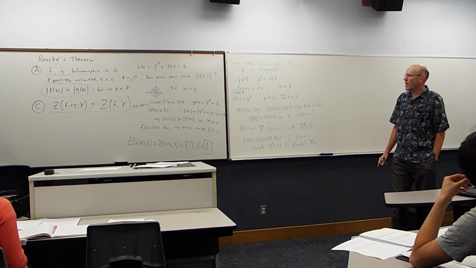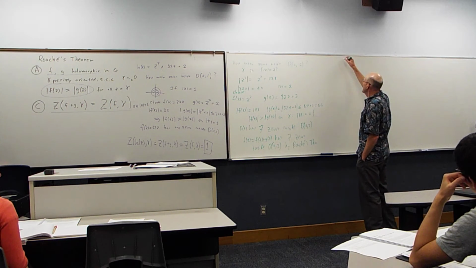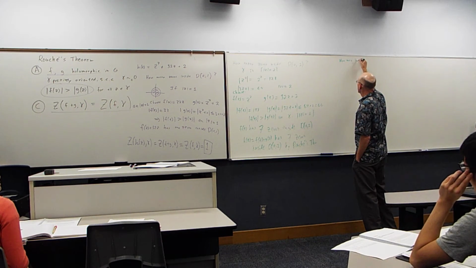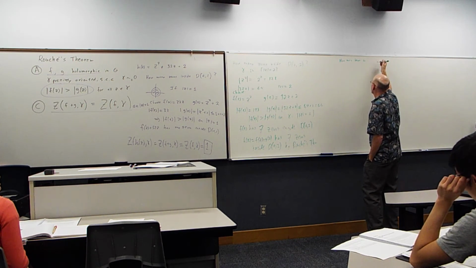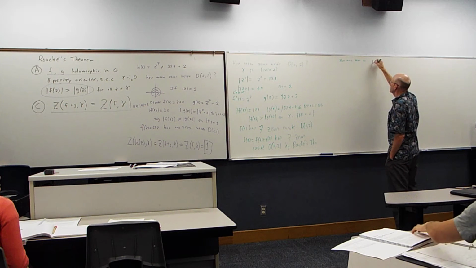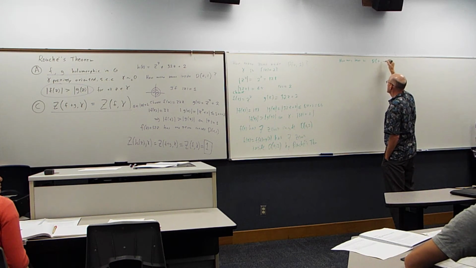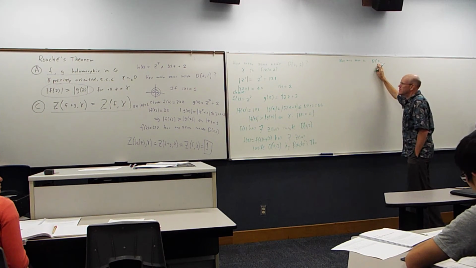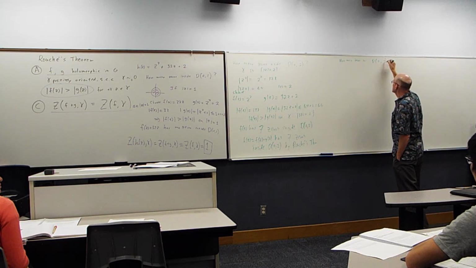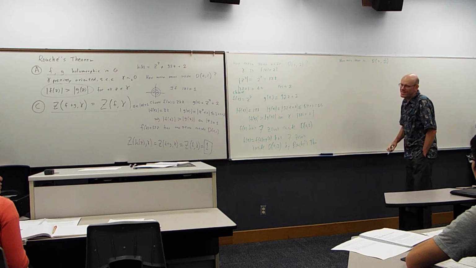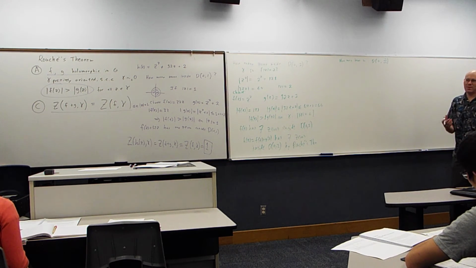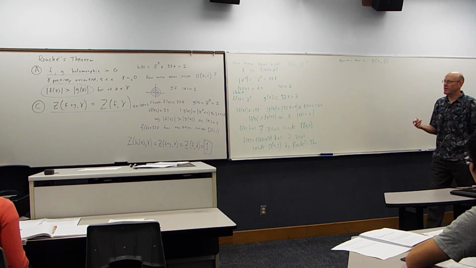The 2 would dominate in, let's say, modulus of z less than 1, maybe the disk of center 0 and radius 1 over 64. And that's where the 2 would dominate, okay?